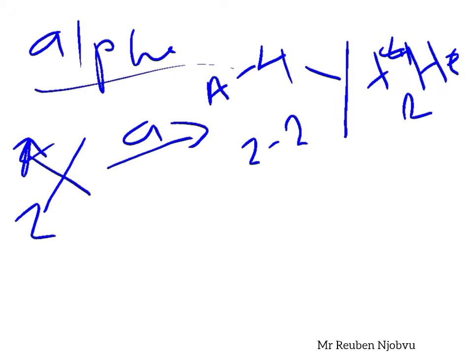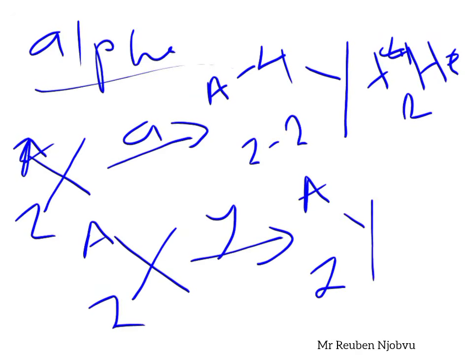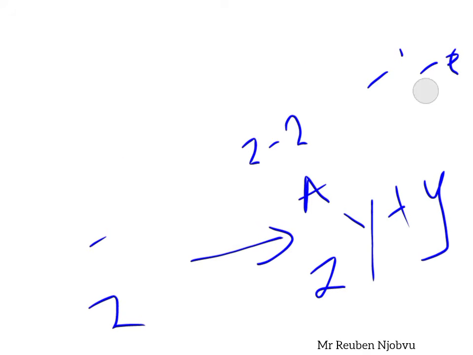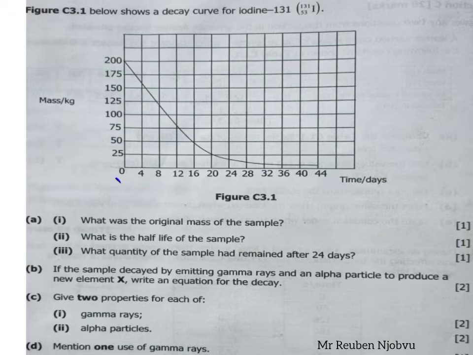Then if it is gamma, it remains the same. Gamma does not change. The A will remain A, the Z will remain Z. So let us check how we can answer this one. What was the question requiring us to answer? The question is saying, write an equation if the sample has decayed by gamma and alpha.